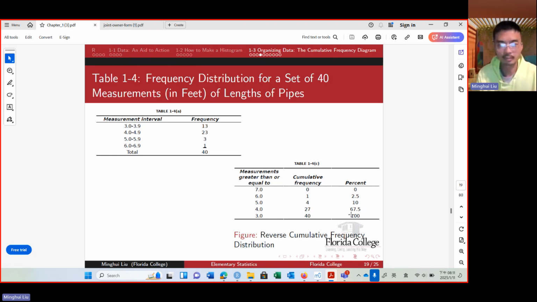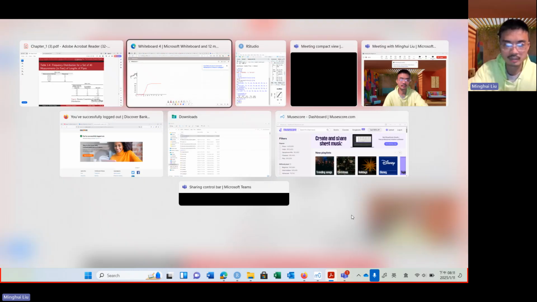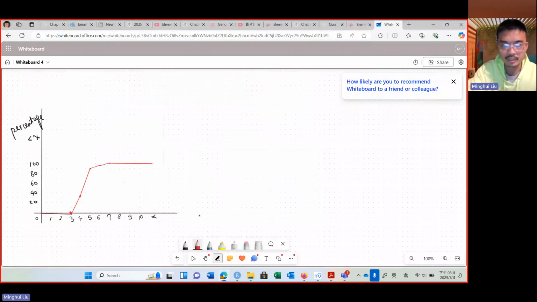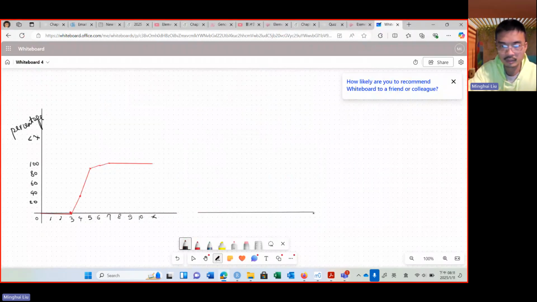So we can basically plot a very similar but different graph like this. We're going to still use the axes like this: 0 and 1, 2, 3, 4, 5, 6, and 7. And then you can do a little bit more, 8, for example, 9.